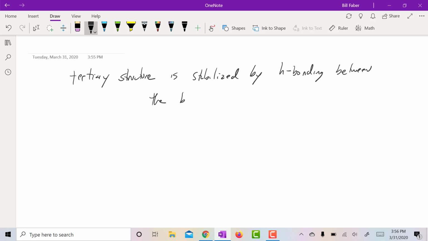Between the bases, the A, C, T's, and G's, and hydrophobic stacking of the bases.